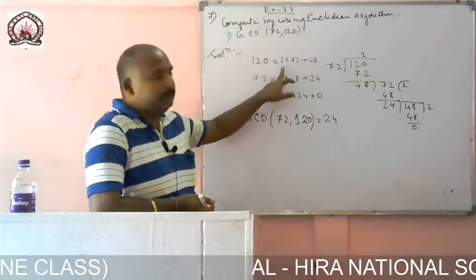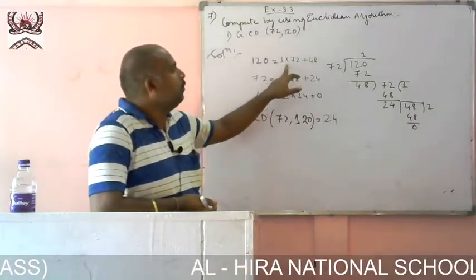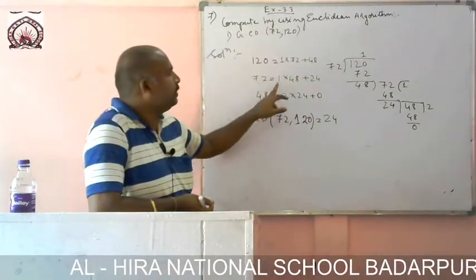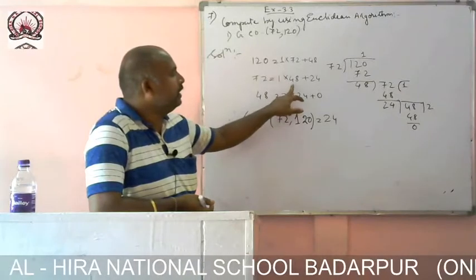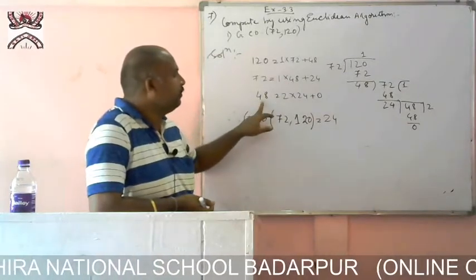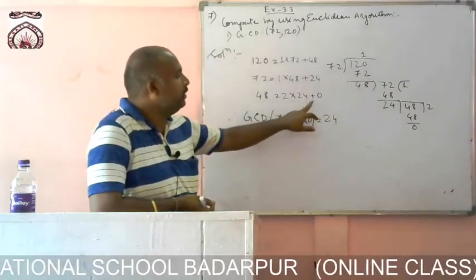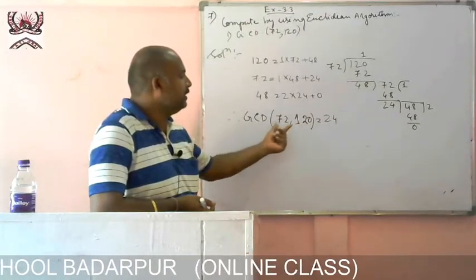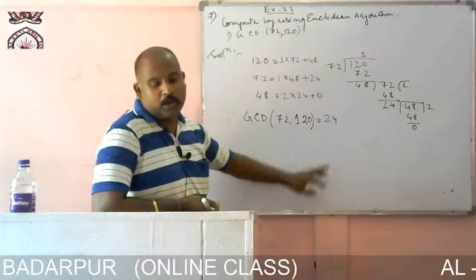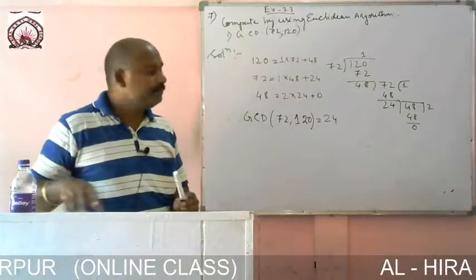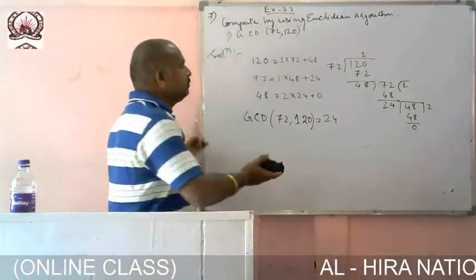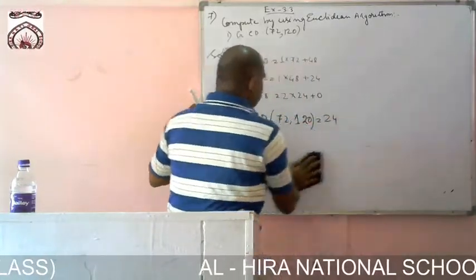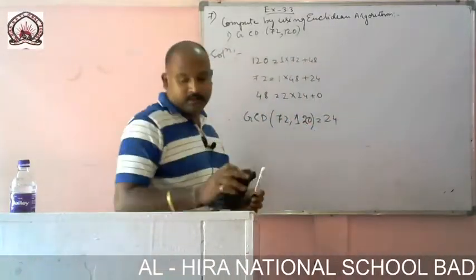So 120 can be written as 1 into 72 plus 48, then 72 equals 1 into 48 plus 24, then 48 equals 2 into 24 plus 0. That's how we can say the GCD of the numbers is 24. This is nothing but the GCD, the greatest common divisor.